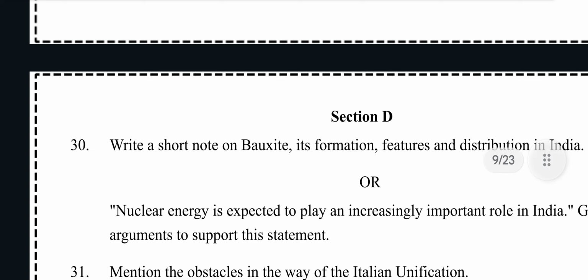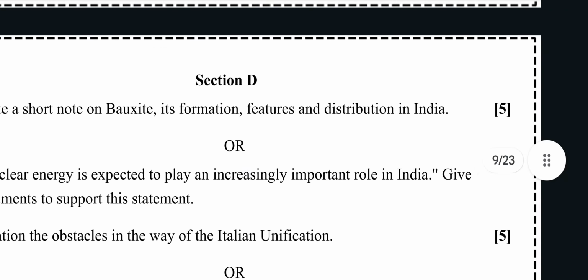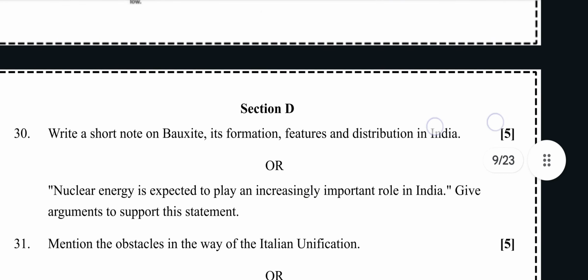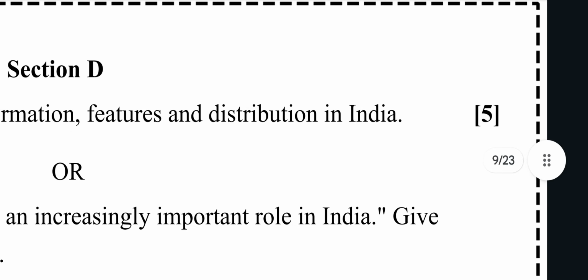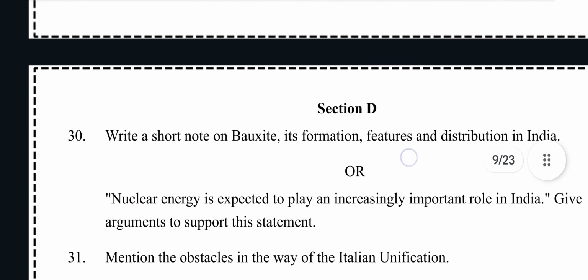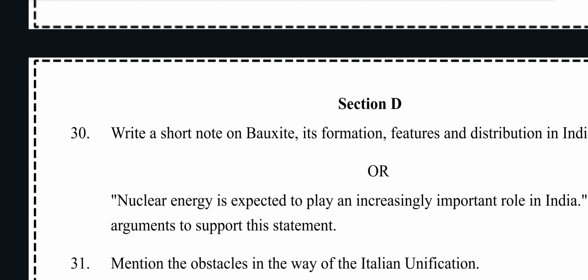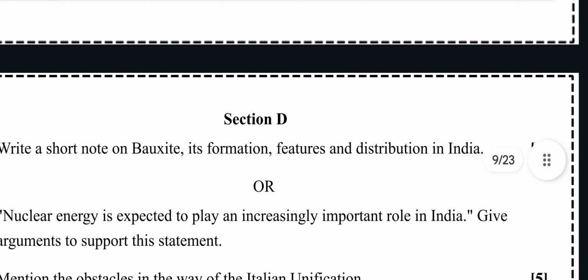Then question number 30, that is Section D. So you have got a choice here. Section D, 5 mark questions. You can see the 5 mark questions here. For this you have got a choice. Or write a short note on bauxite, its formation, features and distribution in India.